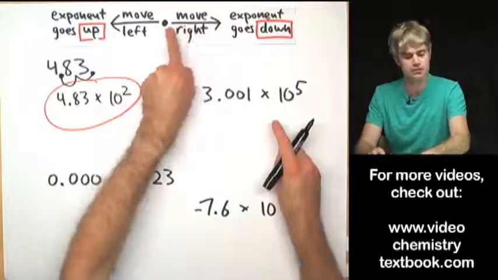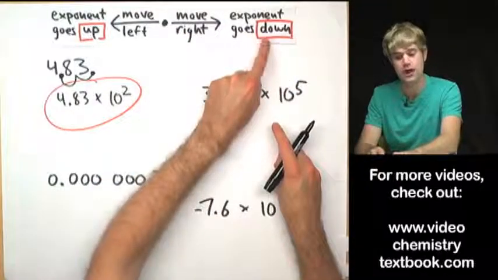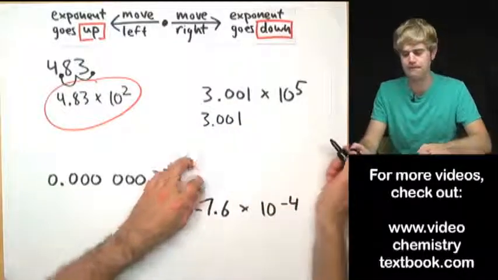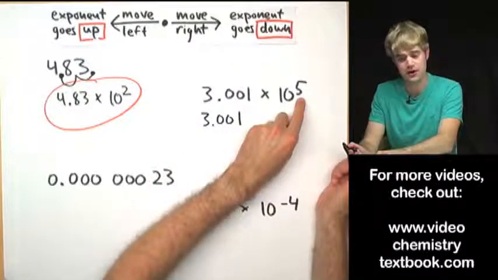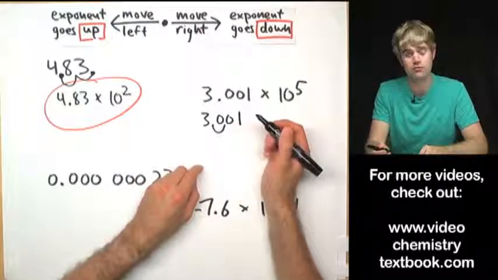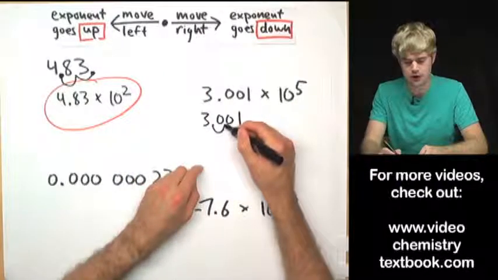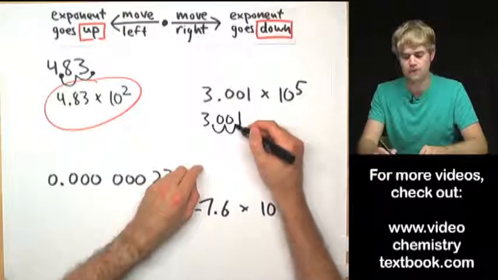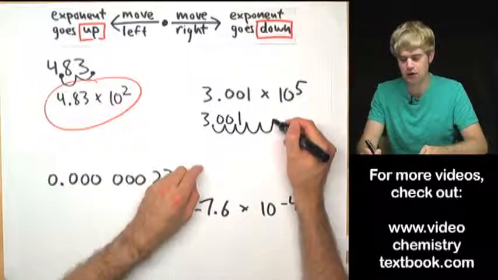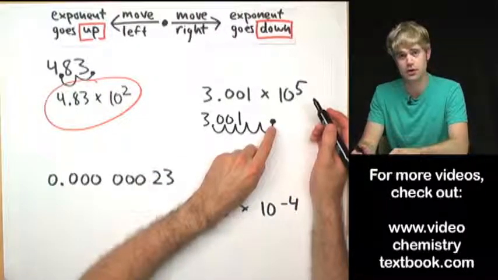I want to move the decimal place to the right so that the exponent will go down. So I have 3.001, and right now I'm at 10 to the 5th. So moving it right one spot, 10 to the 4th. Move it right another spot, 10 to the 3rd, 10 to the 2nd, 10 to the 1st, 10 to the 0. And here's my new decimal place.